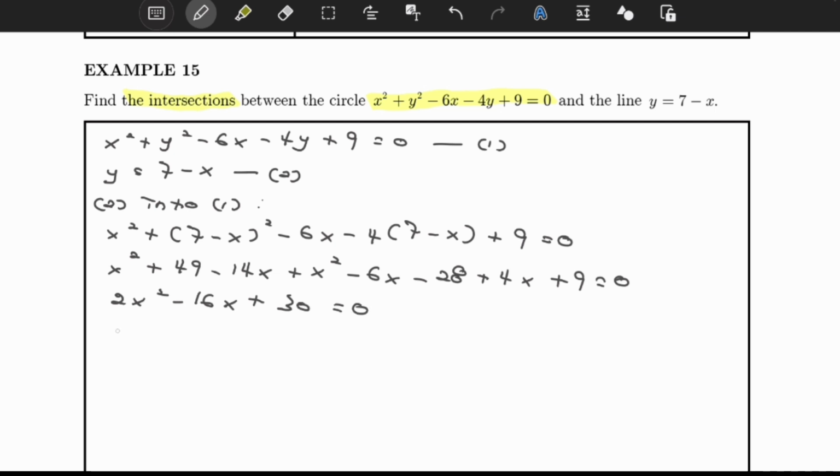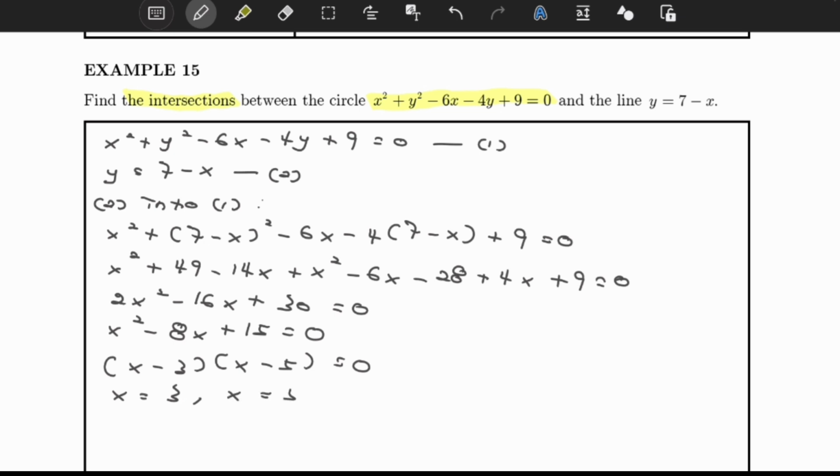Divide everything by 2. So we'll have x squared minus 8x plus 15 equals 0. Factorize this. So (x minus 3)(x minus 5). So now we have two values of x, which is x equals 3 and the other one x equals 5.